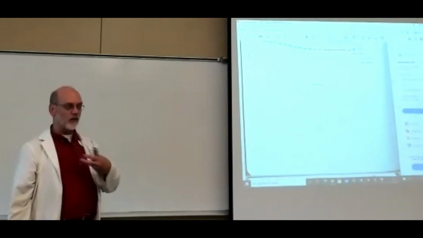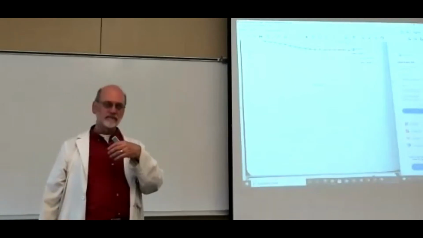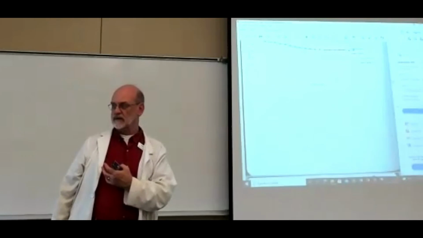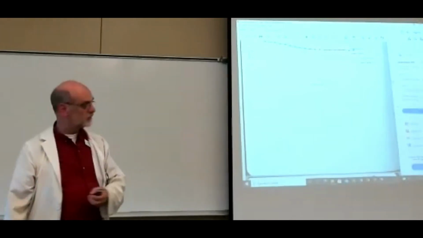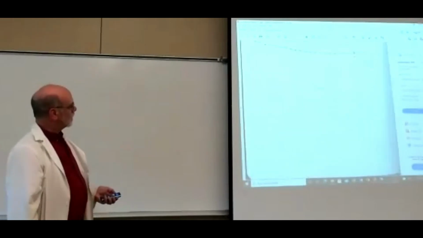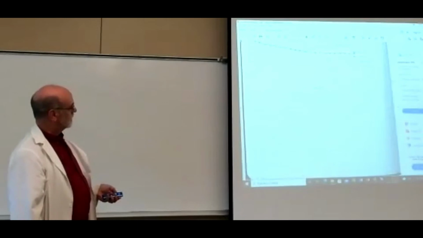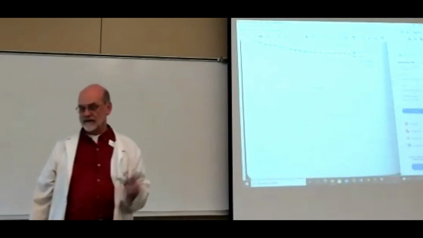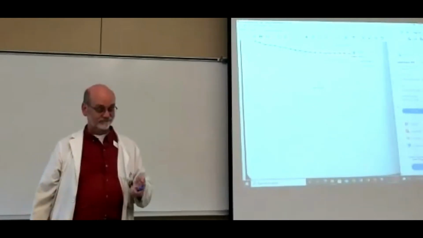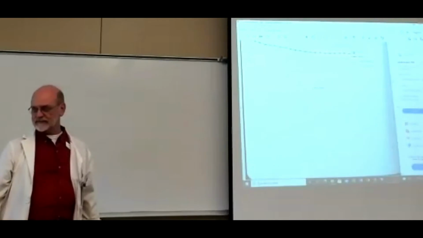But if a graph helps explain what's going on and helps tease out information from the experiment, then it's a good thing. Wait, it's another mistake I didn't catch. They didn't sign it across the boundary. Okay, but I didn't penalize them for it because they didn't catch the mistake.